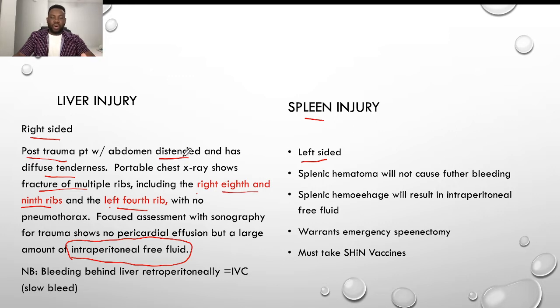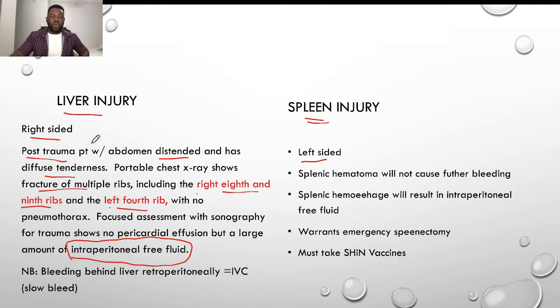So if we rule out all the retroperitoneal organs from the answer, we'll be left with liver and spleen. Now, how do we know that it's liver or spleen? This patient has both right and left sided rib fractures, and we already established that the spleen is not in the thorax, so it's not the spleen.